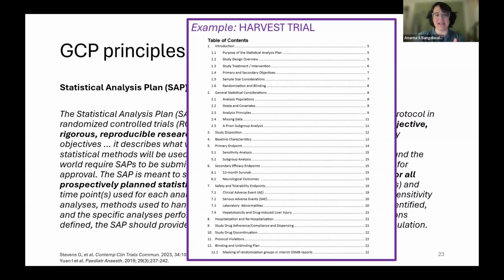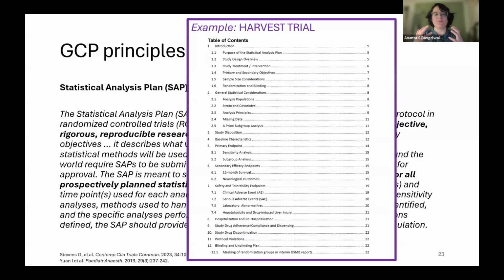And what I like to highlight is that a SAP, just like the protocol, to me, provides a platform for the whole team to come to consensus on a plan. A lot of times in a clinical trial, there are different groups of people who are all stakeholders and invested.